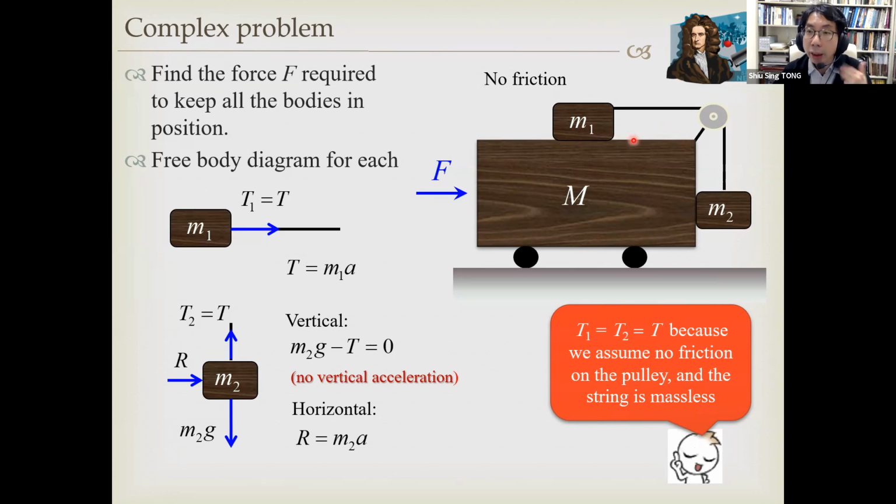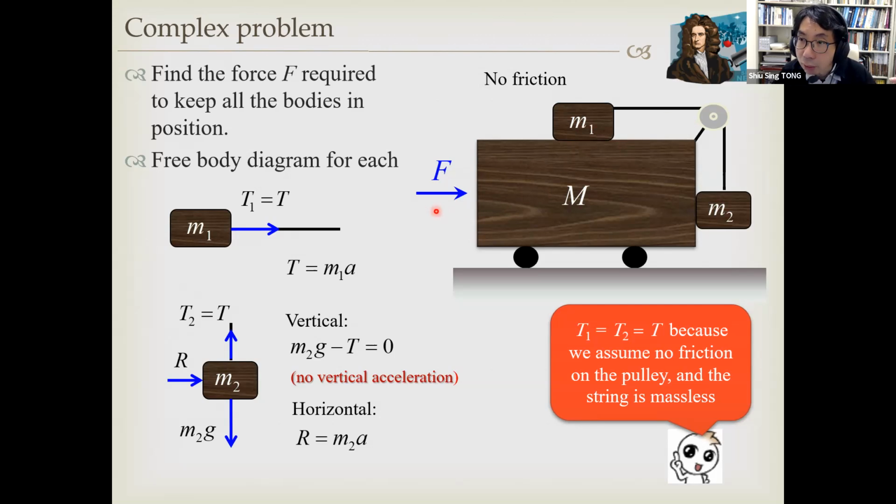Now I consider the system to be frictionless. So there's no friction between M1 and the horizontal surface of the trolley. And I would like to know what magnitude this external force F should be in order for the masses M1 and M2 to stay at rest relative to the trolley.